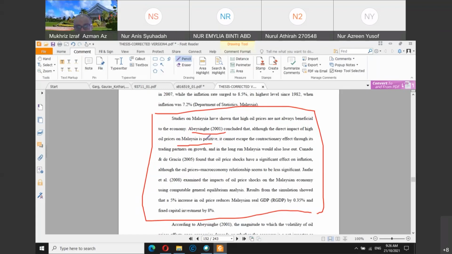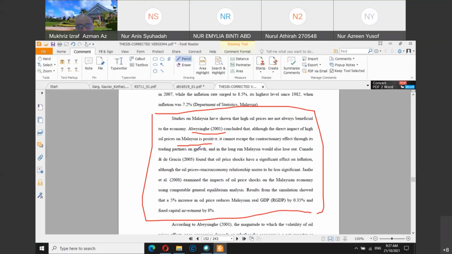But if you're using secondary data like mine, you cannot do a research with exactly the same data set, because secondary data means everyone can have the same data, based on the same source. So you cannot do a research that was done before using the same data set.